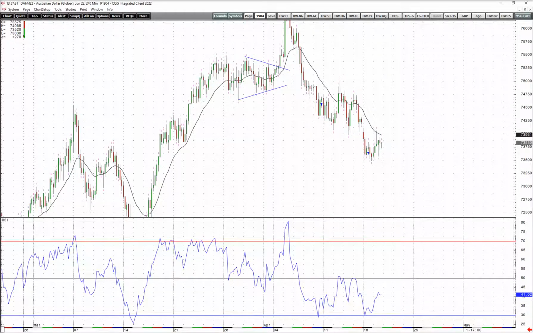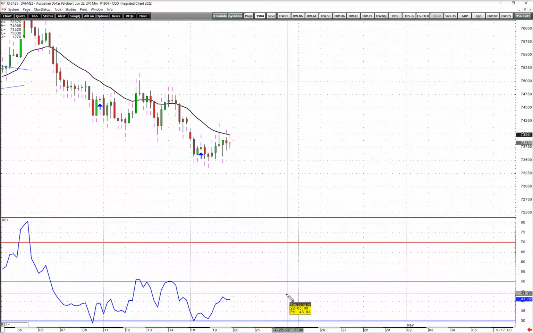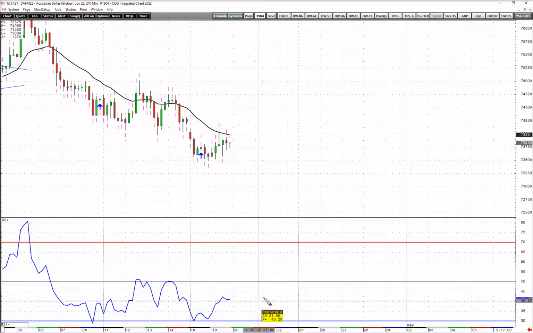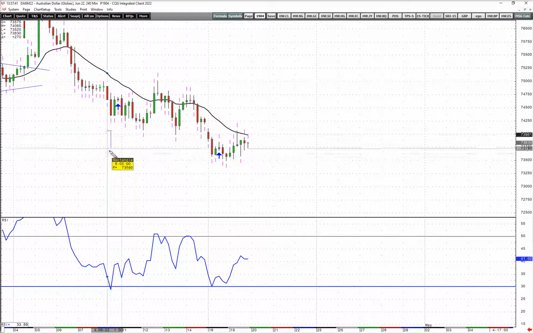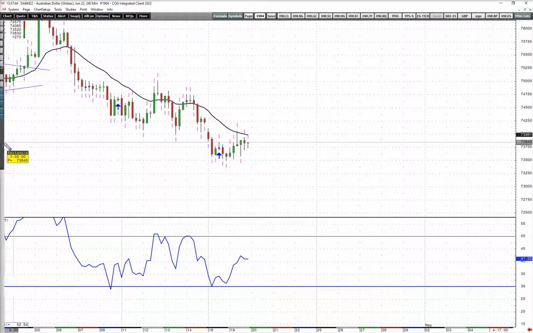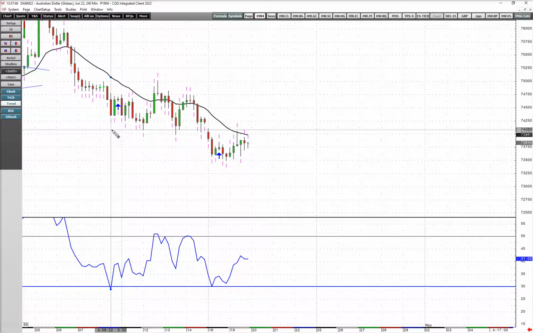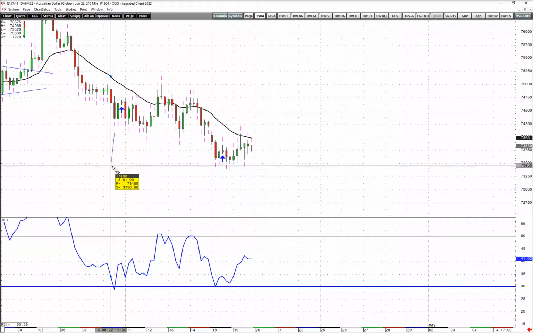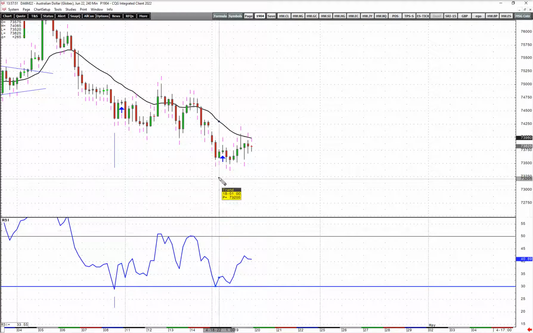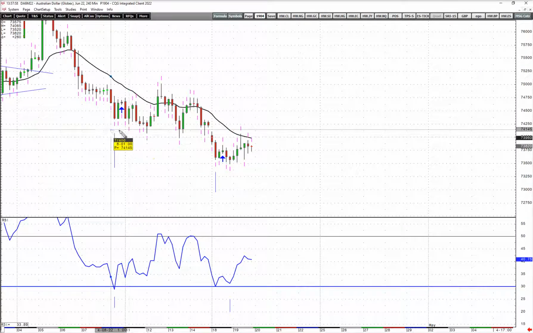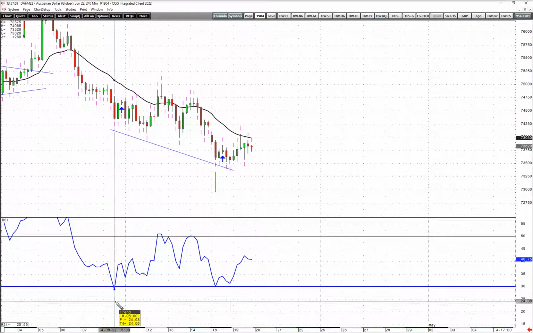But on the 240-minute chart, we are starting to have a good set of divergences. We have this low that was made here, and then this low that was made here, and then this higher low, lower low in price, higher low in RSI.